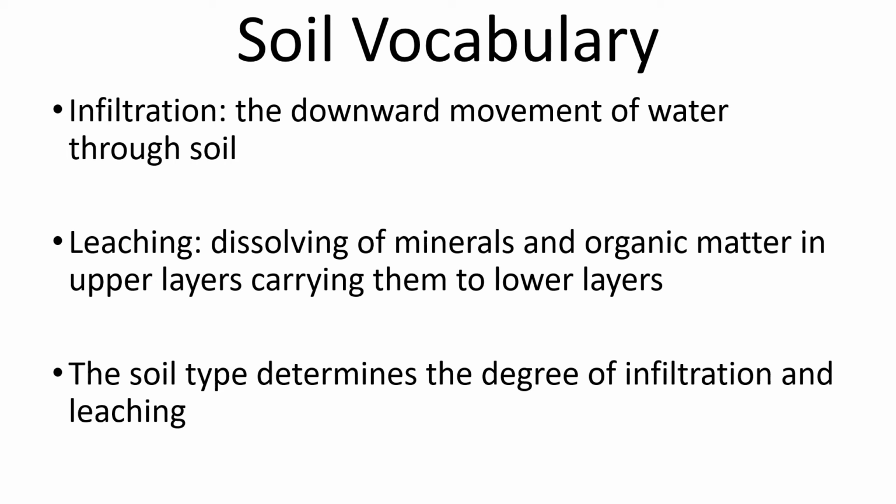Leaching is where minerals and organic matter get brought down into lower layers, so they're moving with the water, usually. And like I said before, the type of soil will determine how fast water infiltrates and how fast nutrients are leaching.